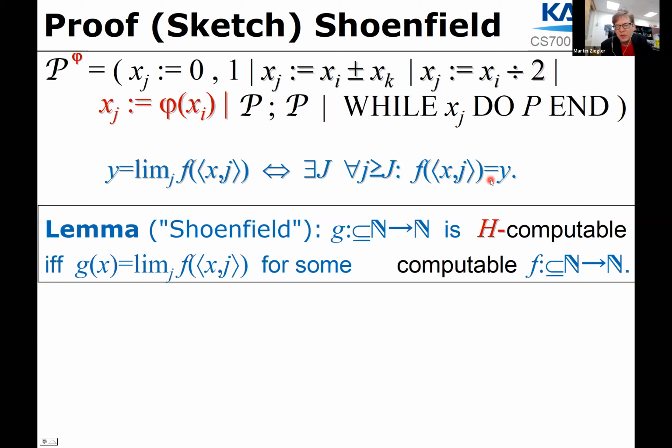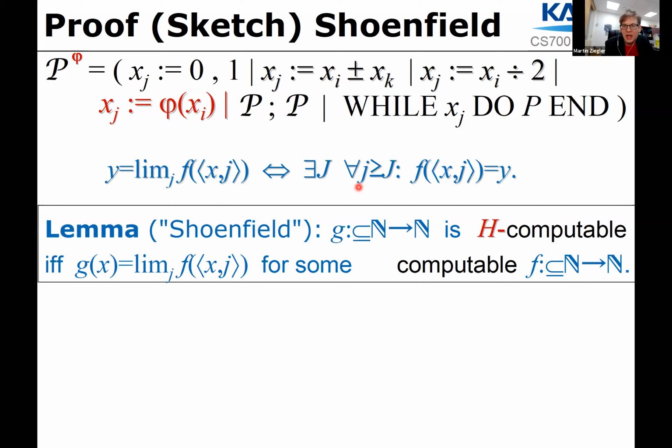And observe that we've constructed this while program in such a way that it terminates if and only if this condition, including the universal quantifier, is wrong. Okay, we say it again. If this is true, then the while program we've just constructed will keep running forever. It will try the next value of small j, the next value of small j, always keep on trying indefinitely. Whereas if this condition is false, if the universally quantified formula is wrong, then the while program we've just constructed will terminate.